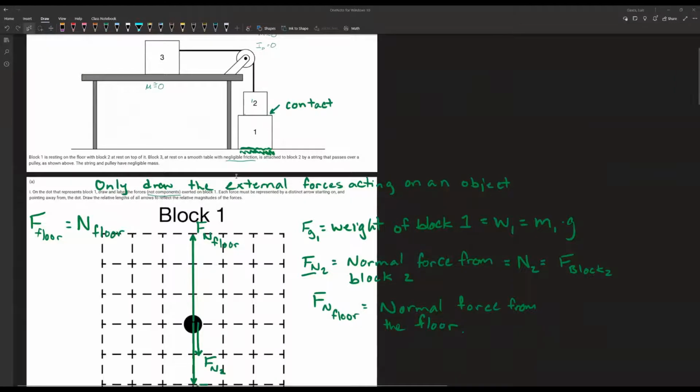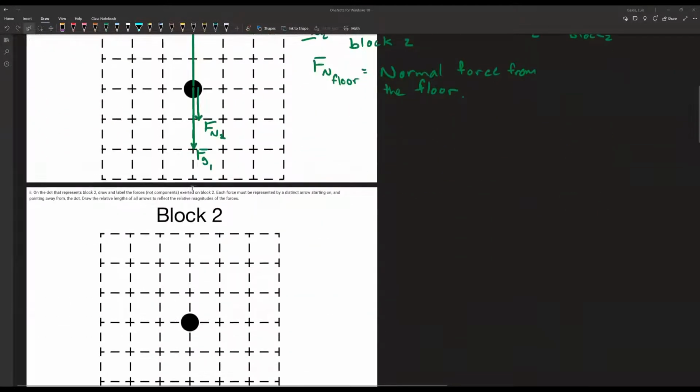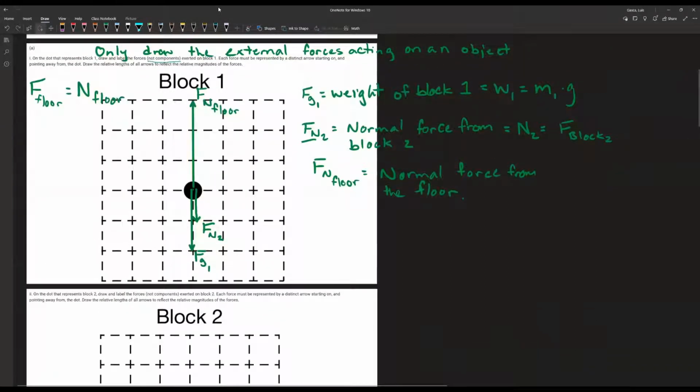There's nothing else acting on it as far as we know, so we'll go ahead and call it a day here. Now, if you notice, when I was drawing these two forces here, I drew the weight acting exactly in the middle, and I drew the other one off to the side. You're more than welcome to put them side by side, both acting off the center, because it is really hard to draw two arrows in the same direction.